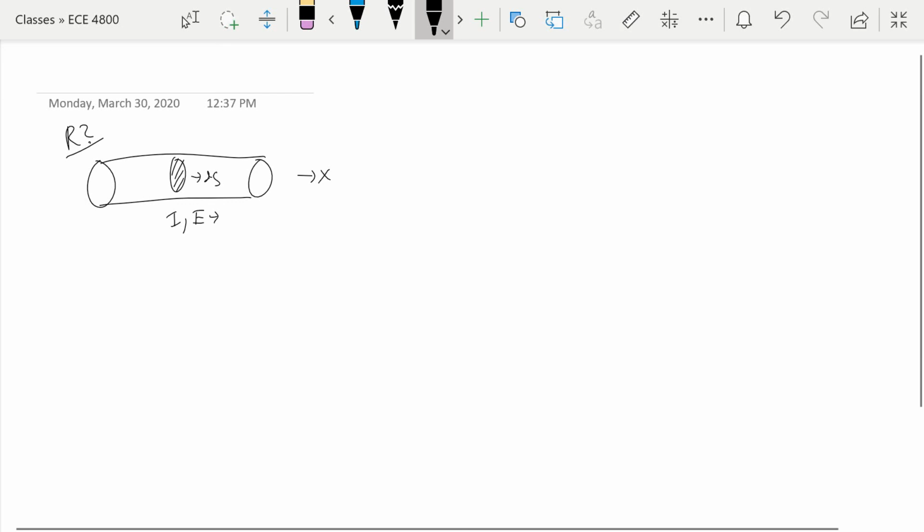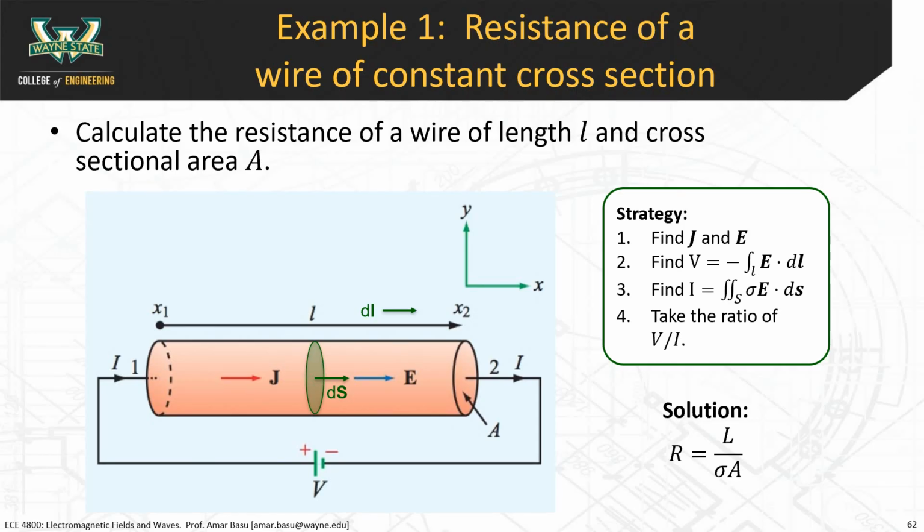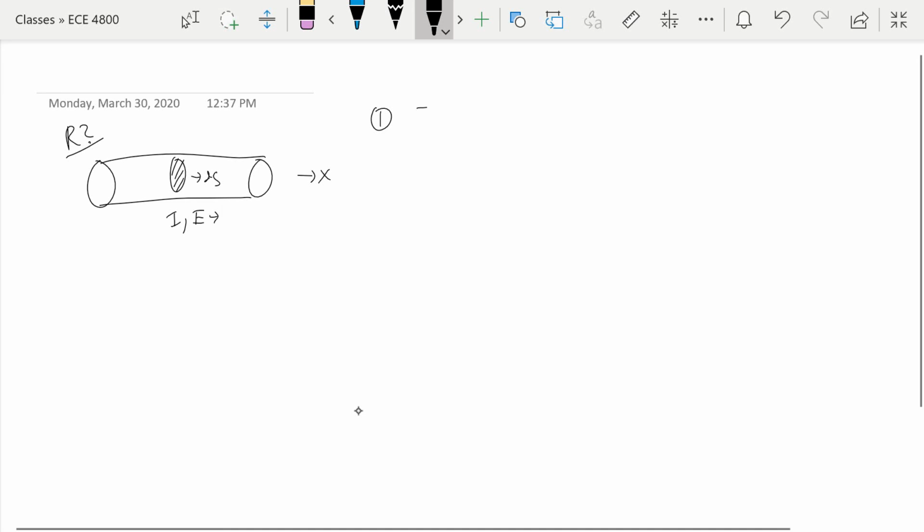All right, so the first step is to find J and E. The electric field we know is going to be pointed from left to right, so it's going to be E_x times x hat.